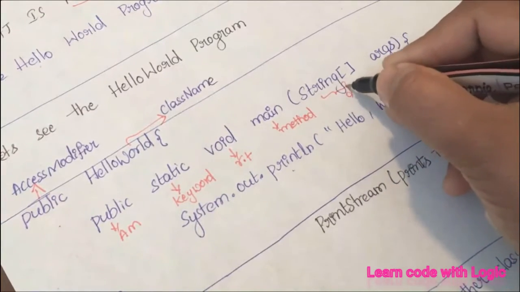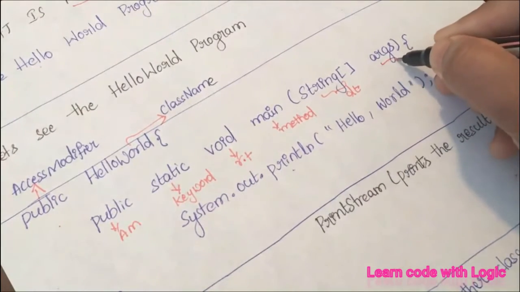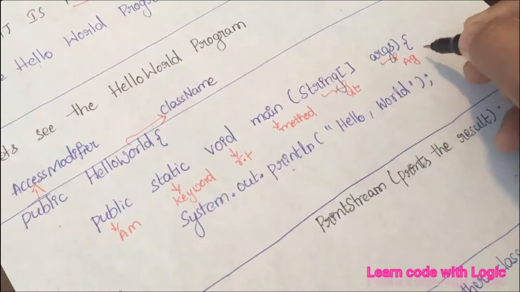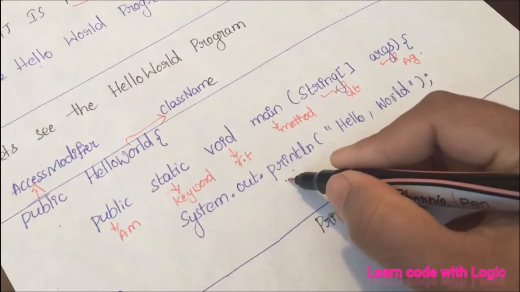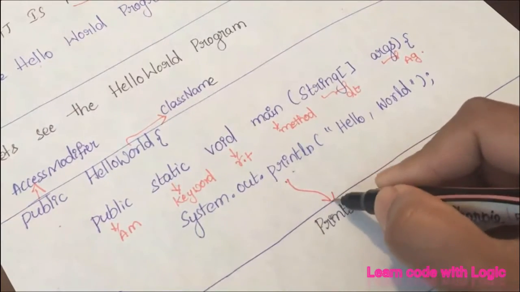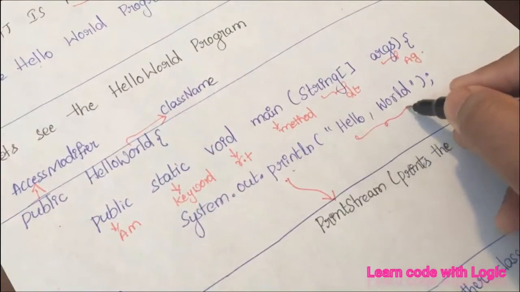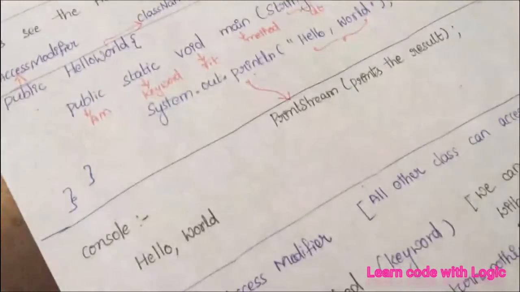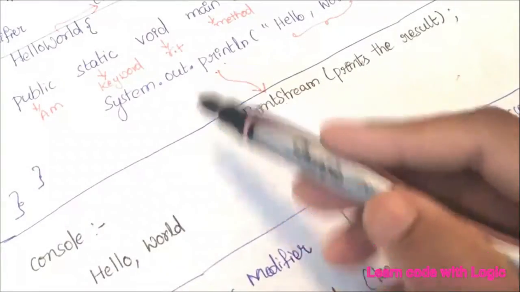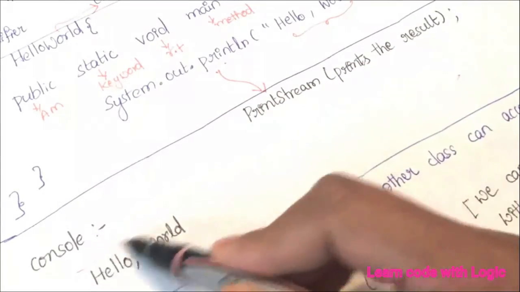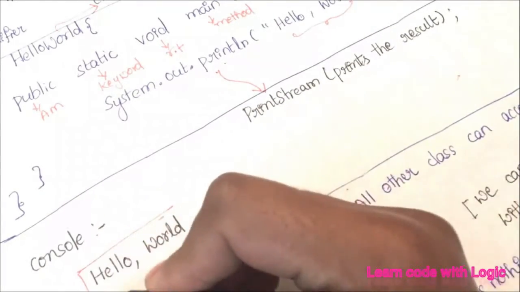String is data type. Args is the arguments. This System.out.println is the print stream. It prints the result whatever is there inside. So this HelloWorld program prints Hello World in the console.